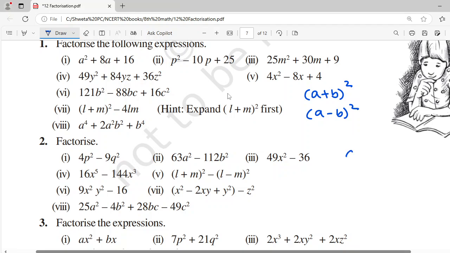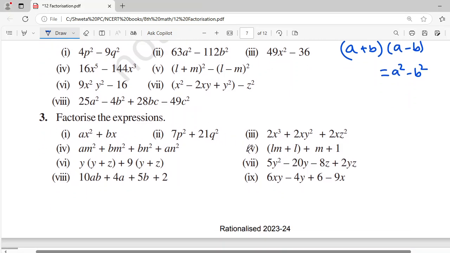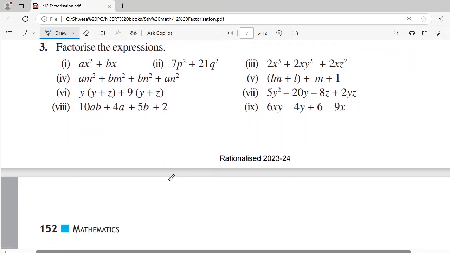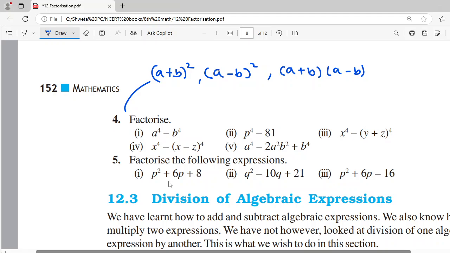Here these are on a plus b into a minus b, that is a square minus b square. Here we have to take a common term and then we can get the factors. Here also we can use two or three identities. Which are these three identities? A plus b square, a minus b square, or a plus b into a minus b.